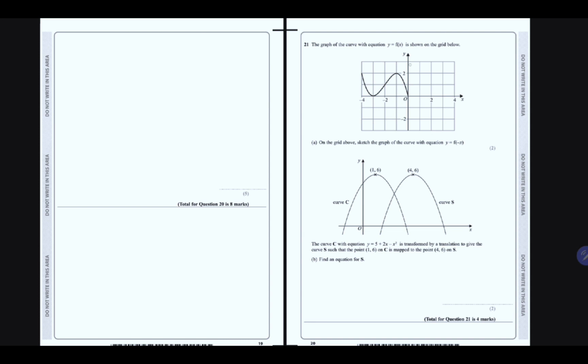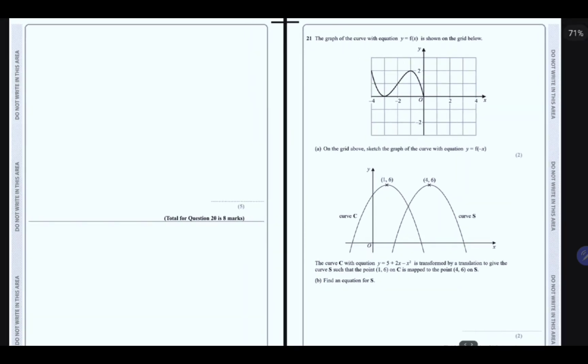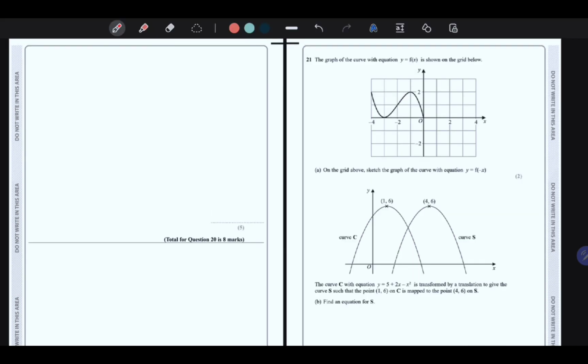Okay. Question 21. The graph of the curve with equation y equal to f of x is shown on the grid below. On the grid above, sketch the graph of the curve with equation y equal to f of negative x. Well, we see that it's the x value that has been altered, so all the values of x are going to reverse.